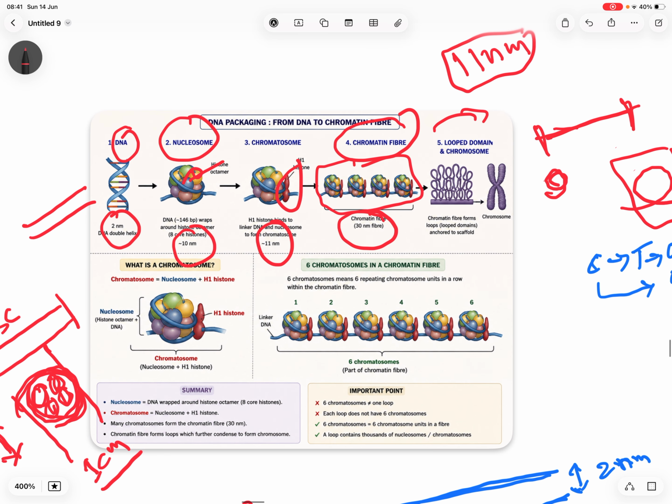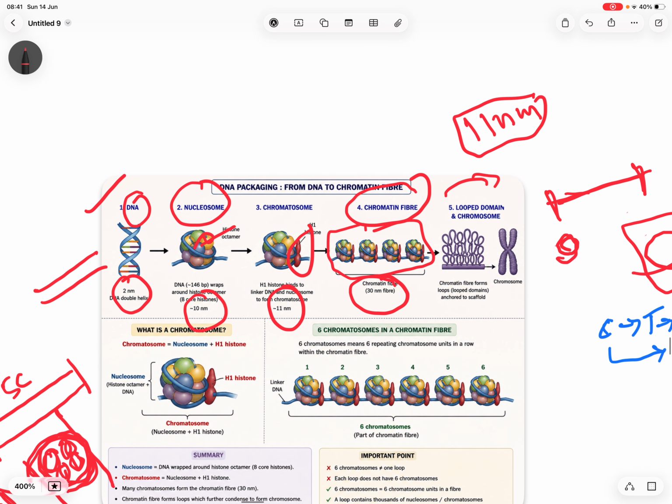Initially we find it's just a string structure, then we see the string having the histone proteins, and when the DNA twines around these histone proteins, we call it a bead structure. That's why we call it beads on a string.